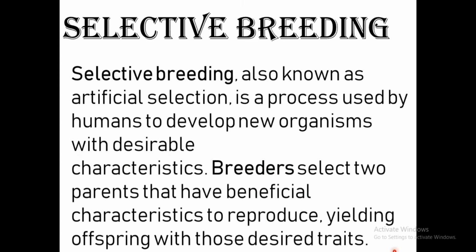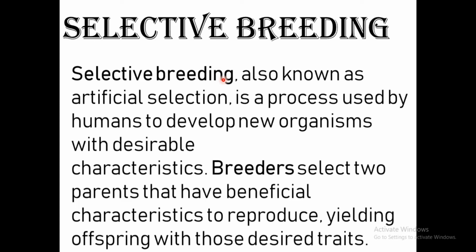Now in the previous video, I told you about breeds for the sake of desirable characters. Special types of sheep, research is going on in this field, and people do selective breeding to get such special breeds. Now, what is this selective breeding?